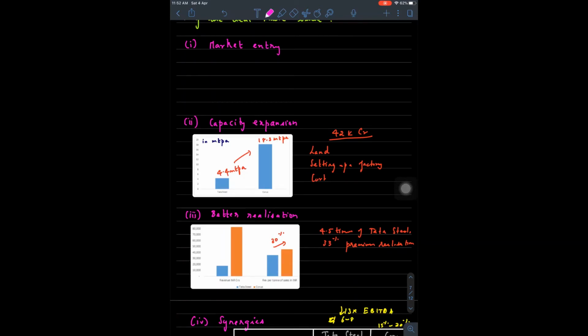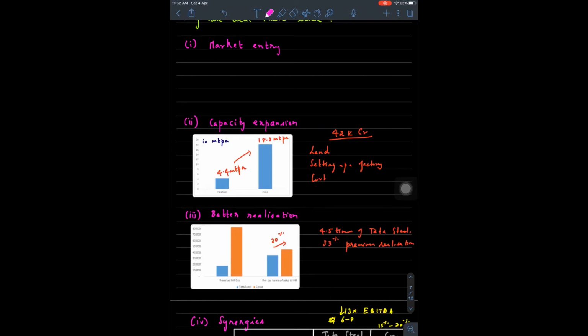A project of that magnitude will take years and years to wade through approvals, land acquisitions, project management, and manage the amount of politics which was involved in the picture. Hence, the inorganic route made more sense. Through this acquisition, Tatas were going up from 4 million capacity to 22 million so quickly.